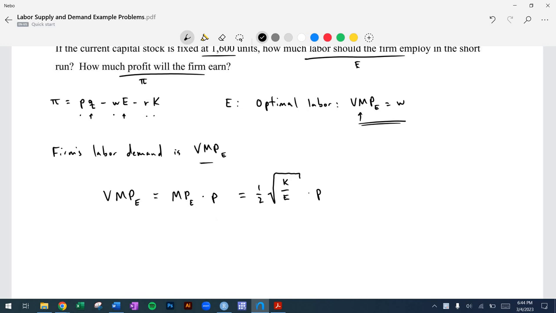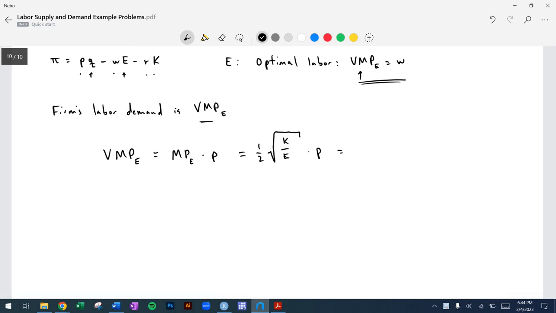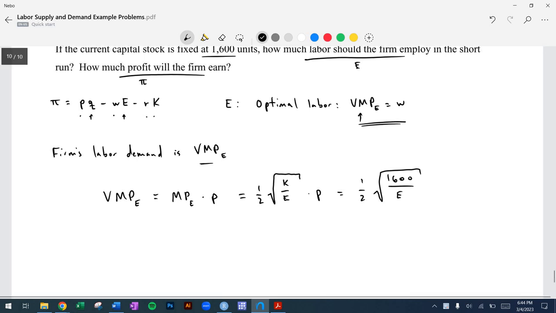So capital stock, K, is 1,600 units, over E, that's what we're going to be solving for, times P, the output price, that's $50.